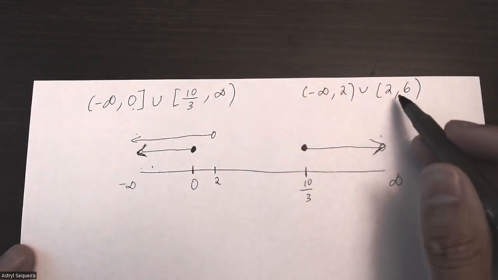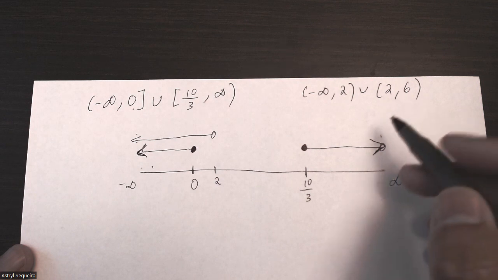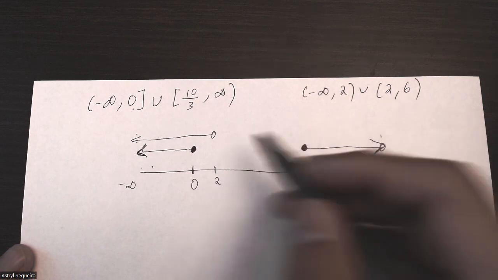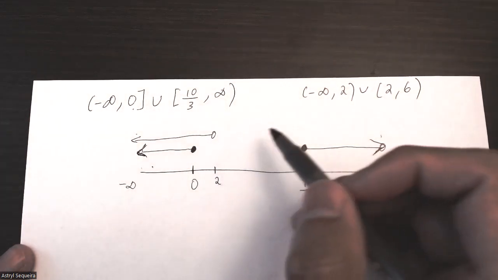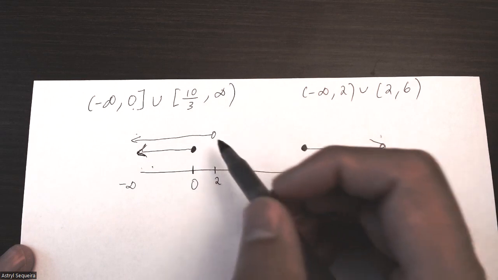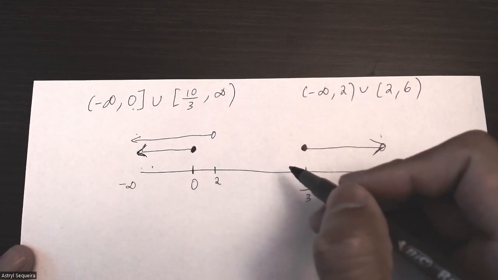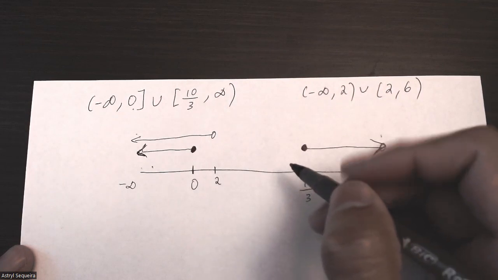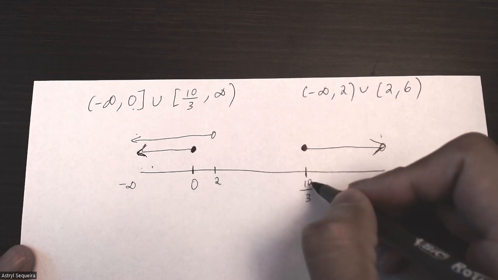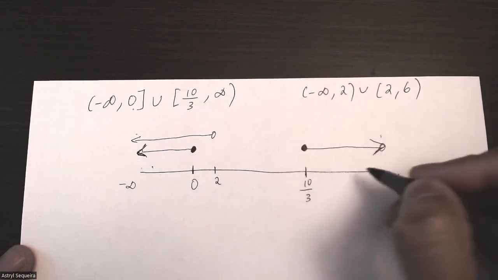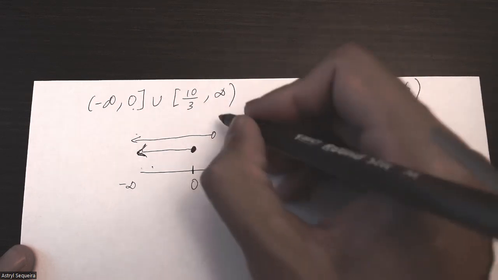And then I have from +2 to +6. So +2 is over here. Again, it's going to be an empty circle and it's going to go till +6, which, 10 over 3 is 3.33. So +6 is somewhere over here.